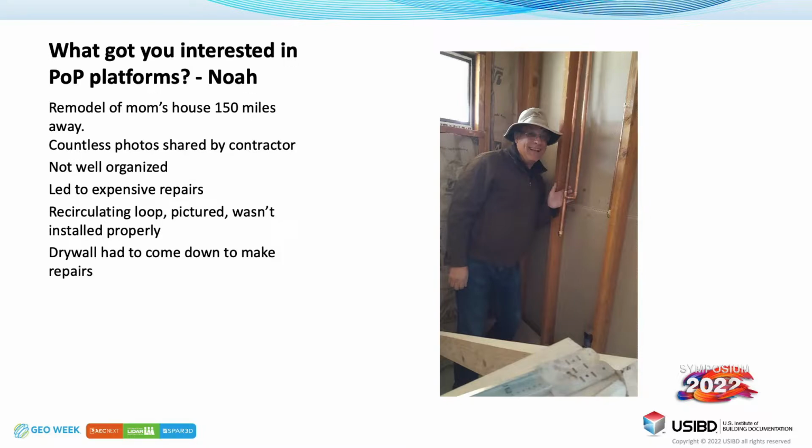This contractor would send photos, but frequently you wouldn't know where they were or when they were time-stamped. We showed up one time, and the drywall was in, and he asked the plumber, is my recirculating loop in here? That was one of multiple mistakes that resulted in drywall coming down to be resolved.